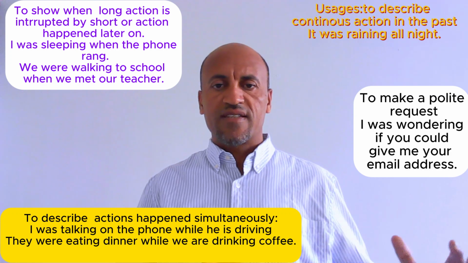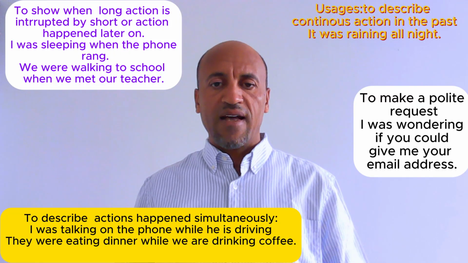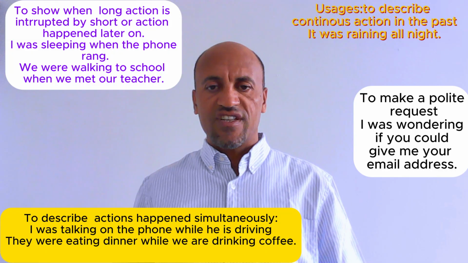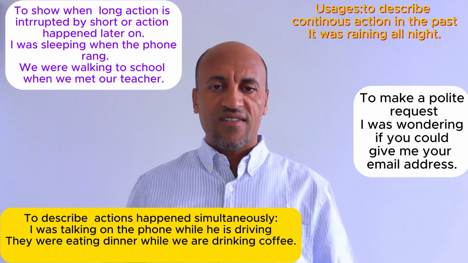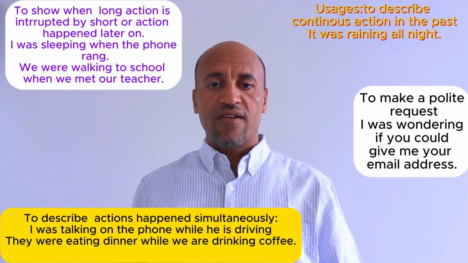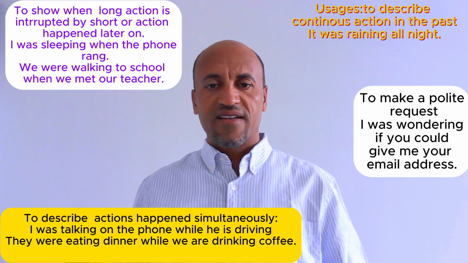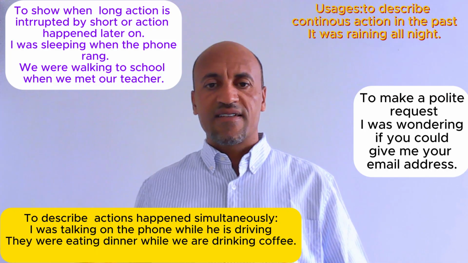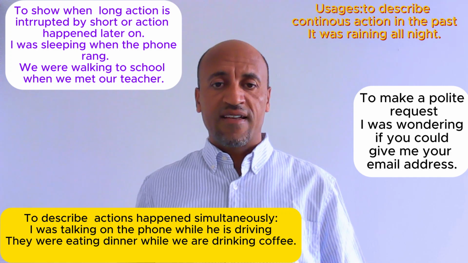So we have the subject, then the verb of be in the past, was and were, then verb plus ing. We can use the negative and interrogative form by using the verb of be, was and were. For example, I was not, he was not, she was not, we were not, they were not, and you were not.